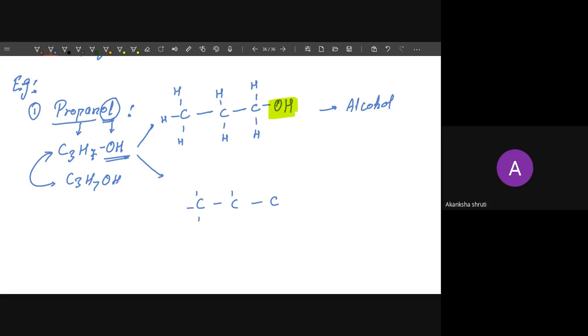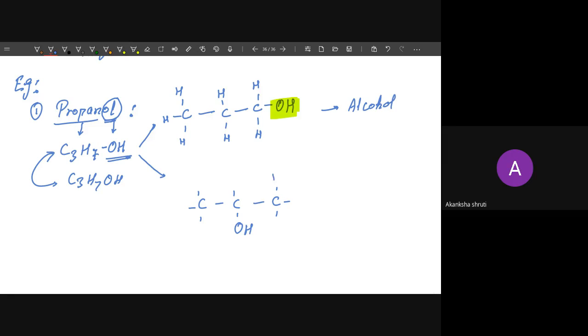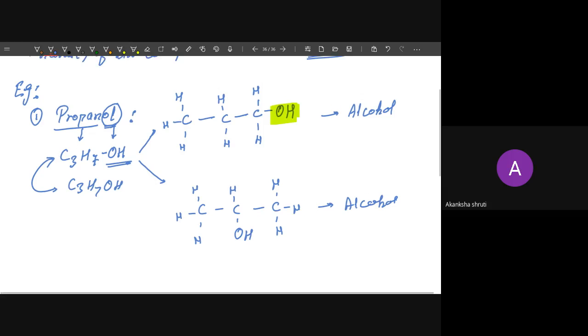Then for satisfying the tetravalency of carbon, one may put the OH here. All others are satisfied by hydrogen. It is also a correct structure. Okay, this is also an alcohol, and these two are your isomers. These two are isomers because of the change in position of the functional group.